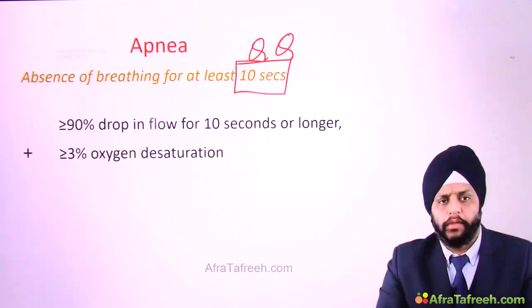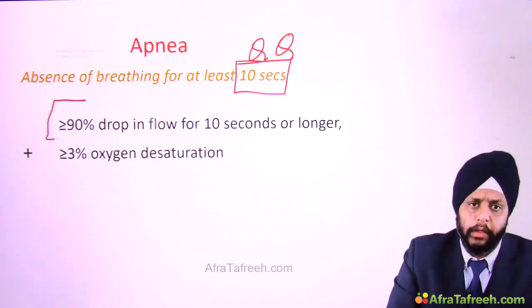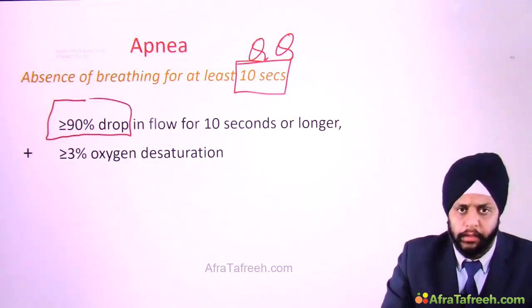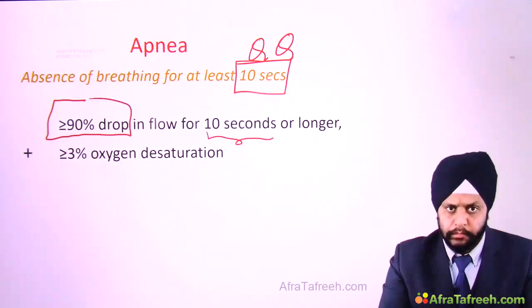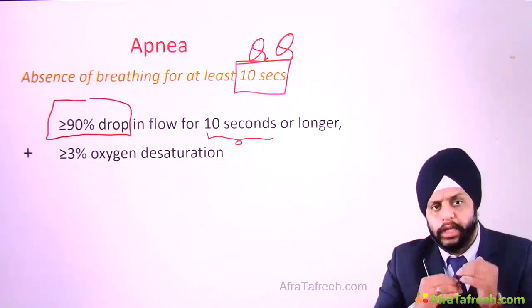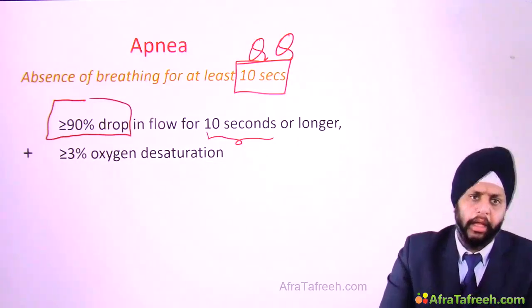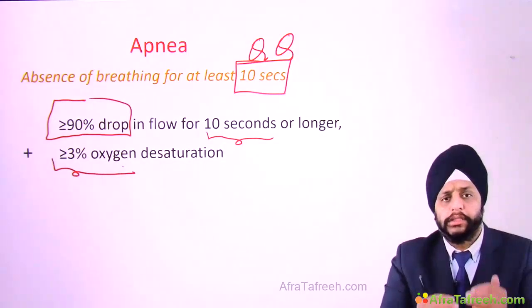Or we can also say that there is more than 90% drop in flow for 10 seconds. Okay, so how do we define the patient is not breathing for 10 seconds? We can say that the airflow has dropped more than 90%. Okay, and there is 3% or more oxygen desaturation.